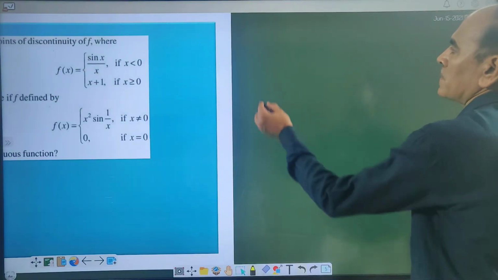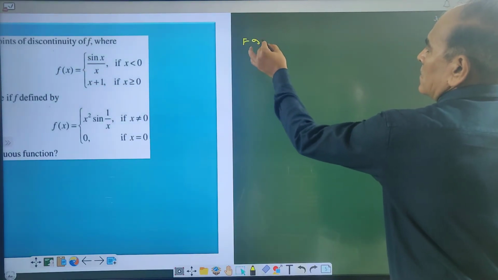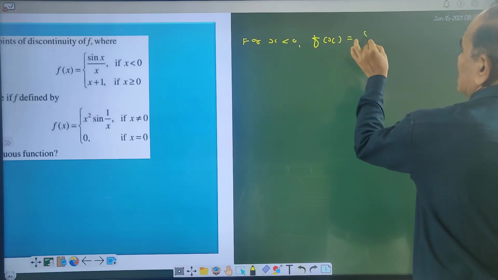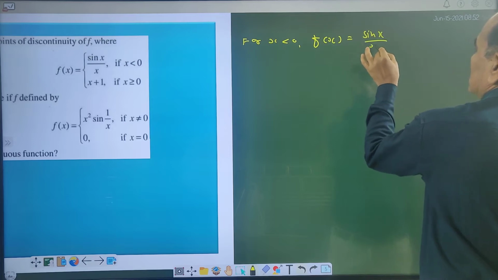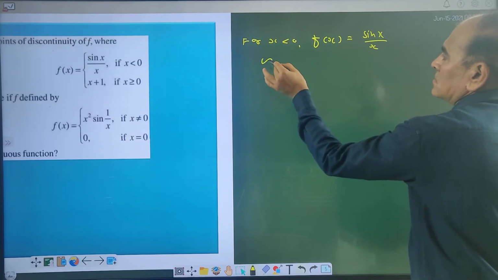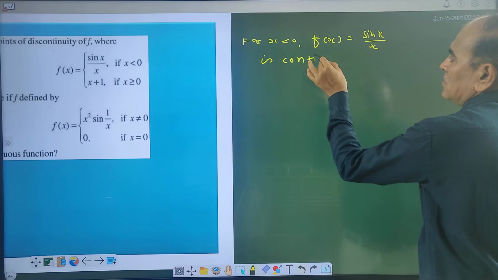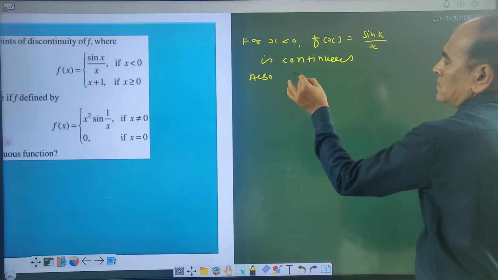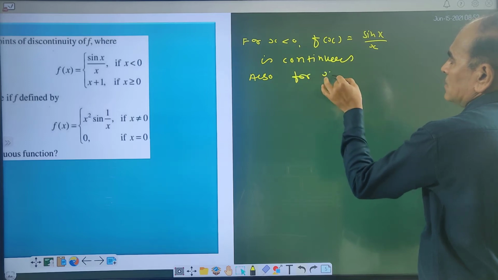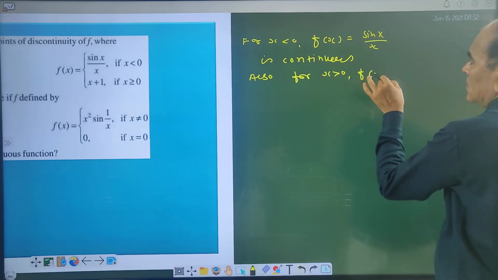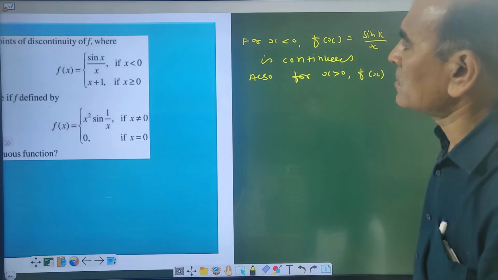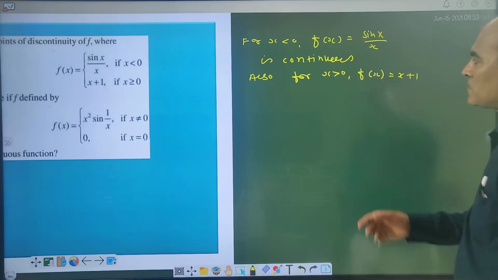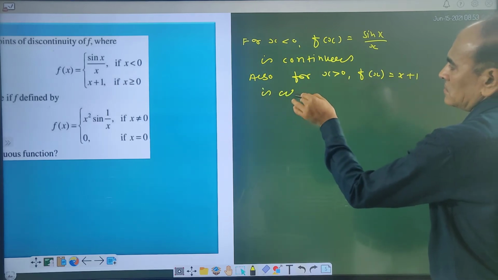Now see, for x less than 0, f(x) is nothing but a division of two continuous functions, so it is continuous. Also, for x greater than 0, f(x) is x plus 1, a linear form, which is also continuous.